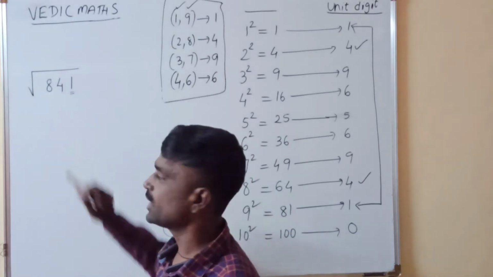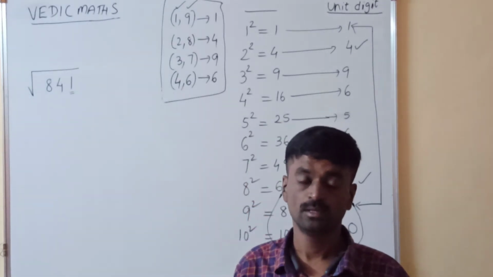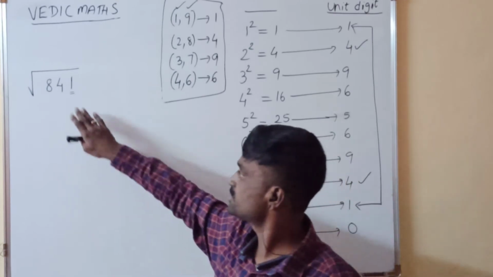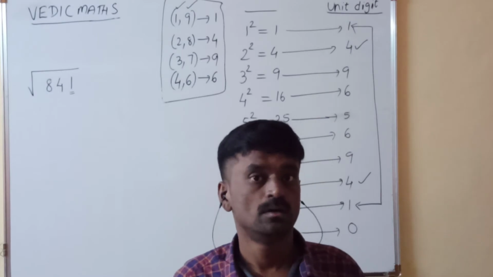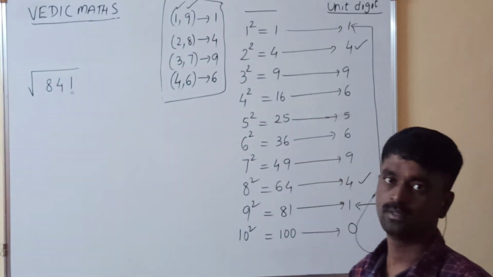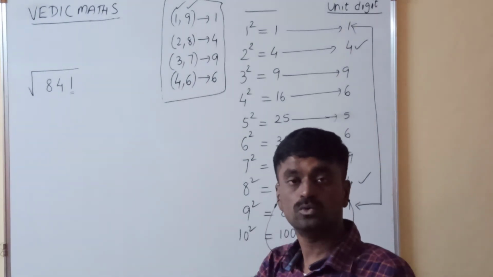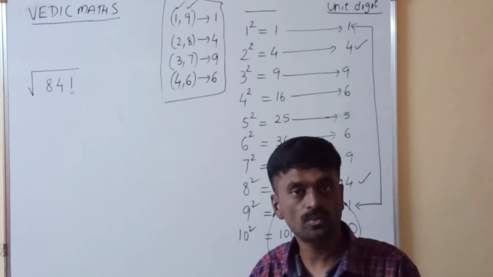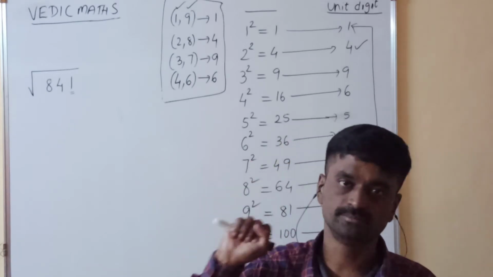So here we have to find the square root of 841. In the given number, what is the last digit? 1. So in the answer, the last digit should be either 1 or 9. Because if you take any number whose last digit is either 1 or 9, in its square, what will be the last digit? 1.